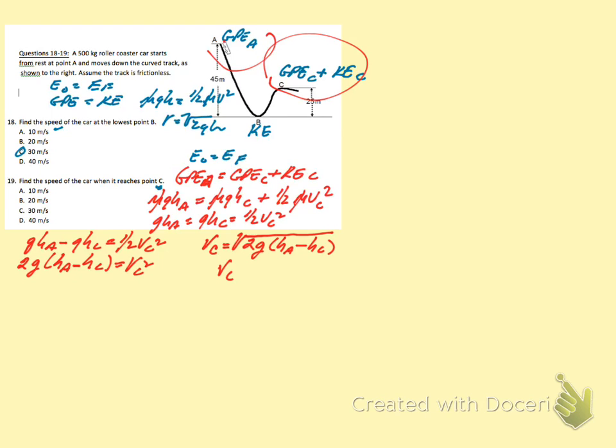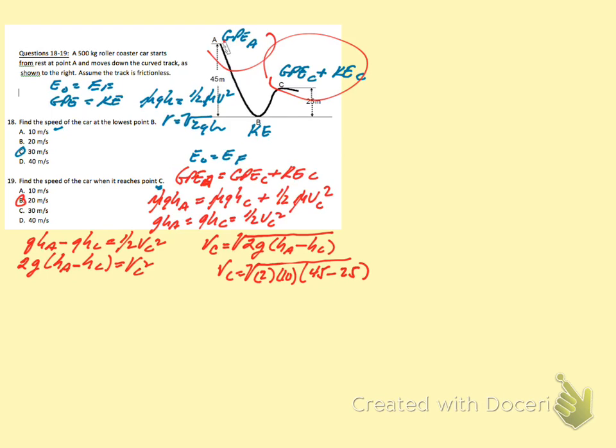So velocity at C equals the square root of 2 times 10 times quantity height of A is 45 minus the height of C is 25. And when we solve for that, we get a velocity at point C of 20 meters per second.